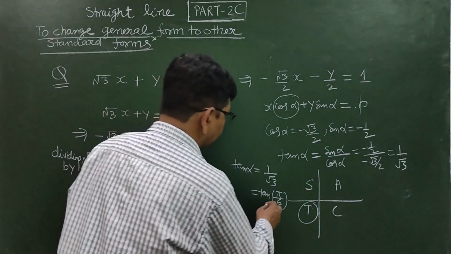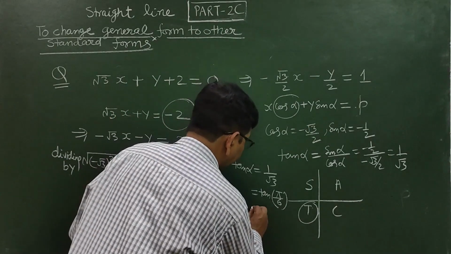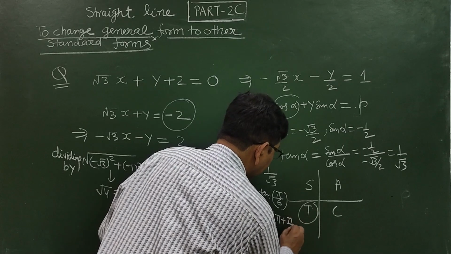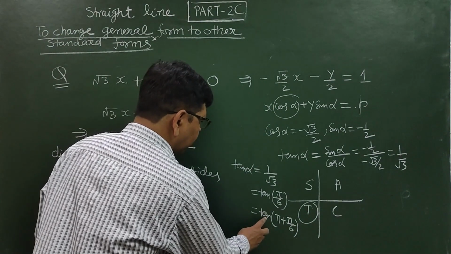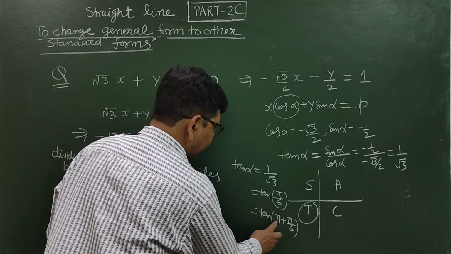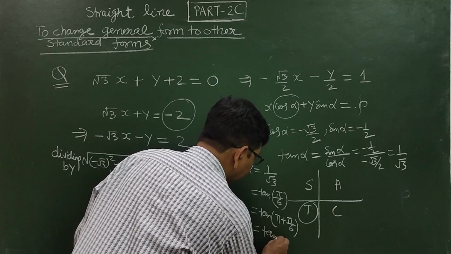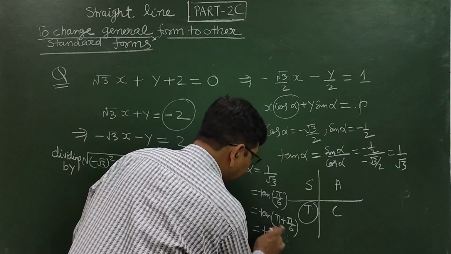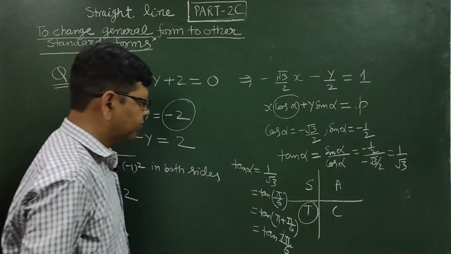I can write this as tan of pi plus pi by 6, because in the third quadrant tan of 180 plus theta is equal to tan theta. If we solve it, this is 7 pi by 6.